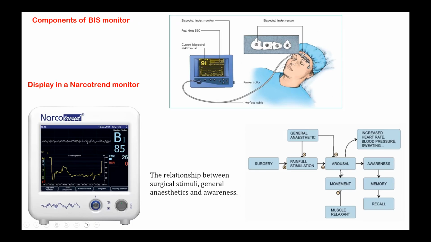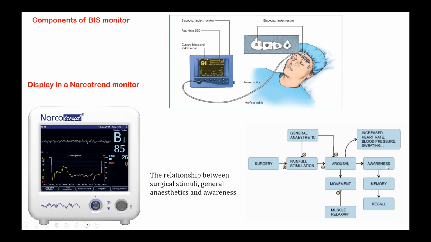For example, if you are doing it in a spontaneously breathing patient, if the depth of anesthesia is not adequate, patient may react and he may move or buck and cough. All these things can happen. So muscle relaxants are mainly used to prevent this movement, and general anesthetics are mainly used to prevent this awareness.